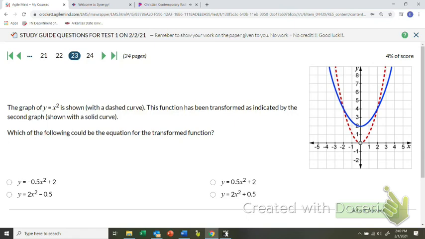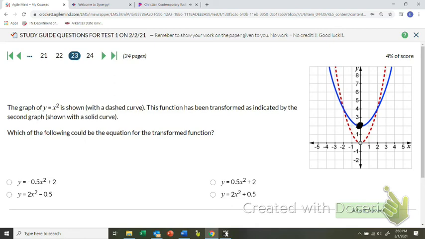All right, the red dotted is the original x squared. The blue solid is transformed. We want to know what the function rule is for the transformed. So first, what is this y-intercept? Yep, sorry, we'll go back. 23.